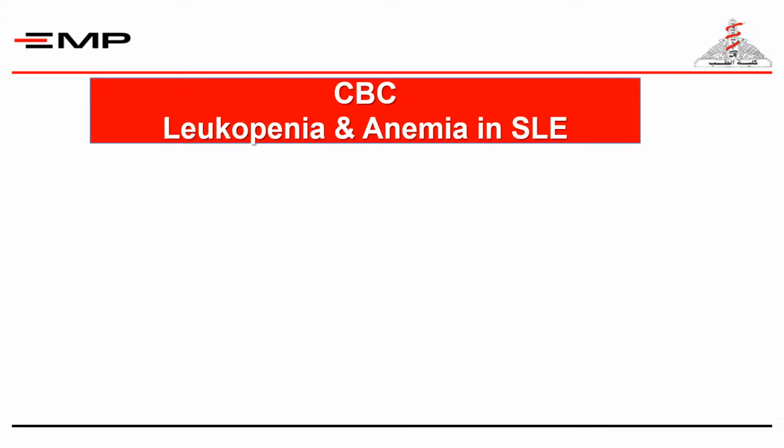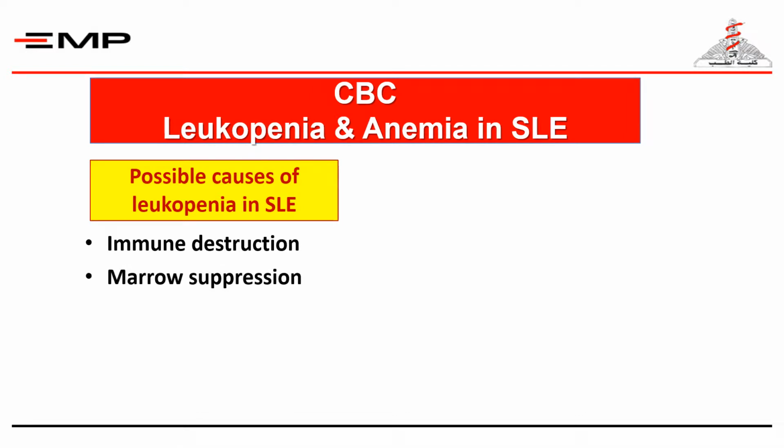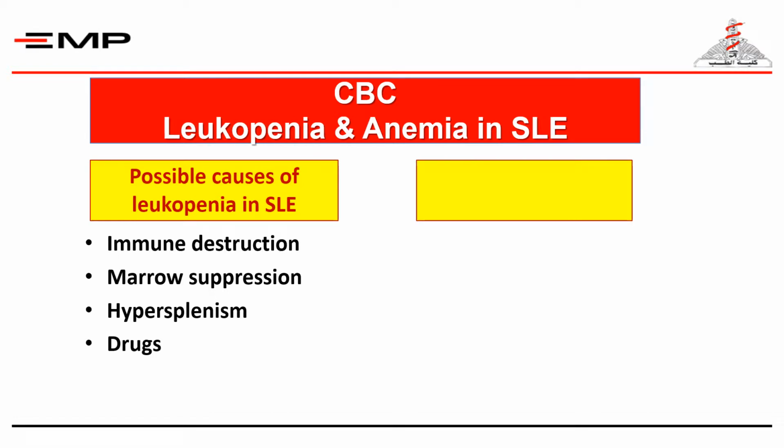First of all, we do a very simple test, which is the complete blood count. There is leukopenia and/or anemia in lupus patients. The possible causes of leukopenia in lupus are immune destruction, marrow suppression, hypersplenism, or some drugs.